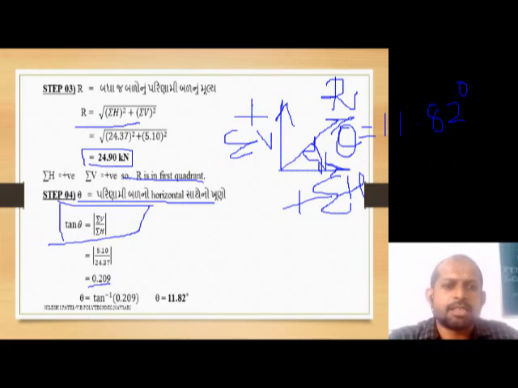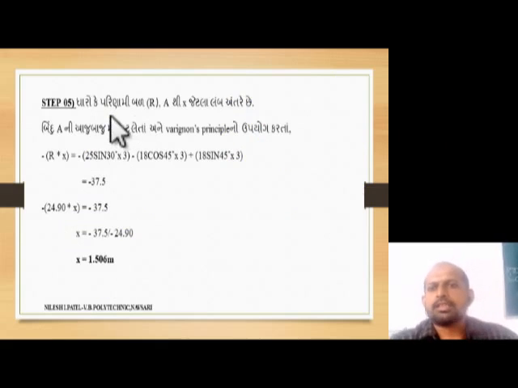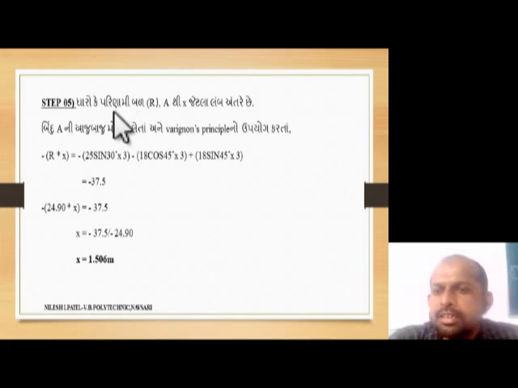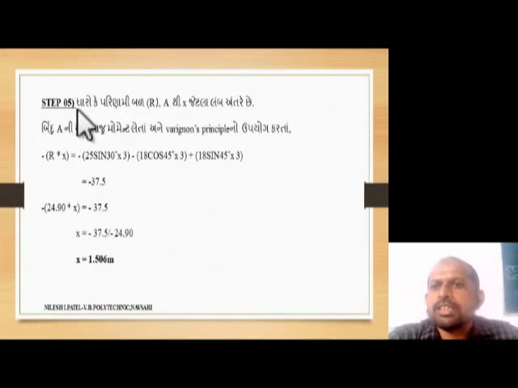Now the last step is finding the position of the resultant force. So you have to assume that your resultant force is at distance x from point A.